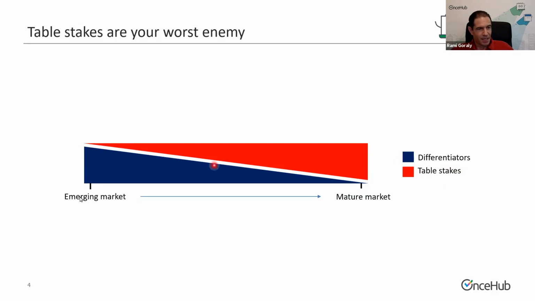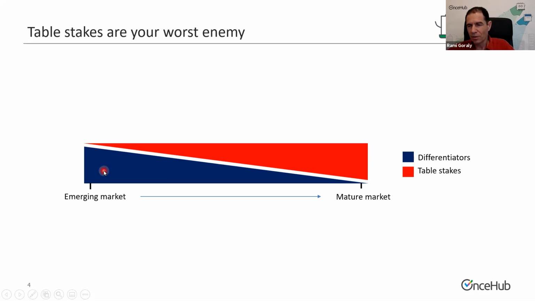If you look at this diagram, we have an emerging market here and a mature market here, and this is anything in the middle. And you can see that the differentiators are high at the beginning and they go down. And the opposite is for table stakes. Table stakes are low when the market is emerging and high when the market is maturing. Why is that happening?